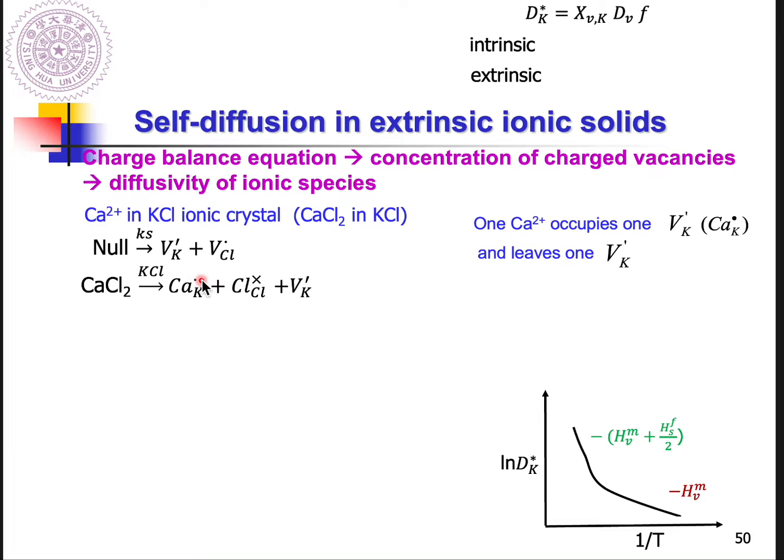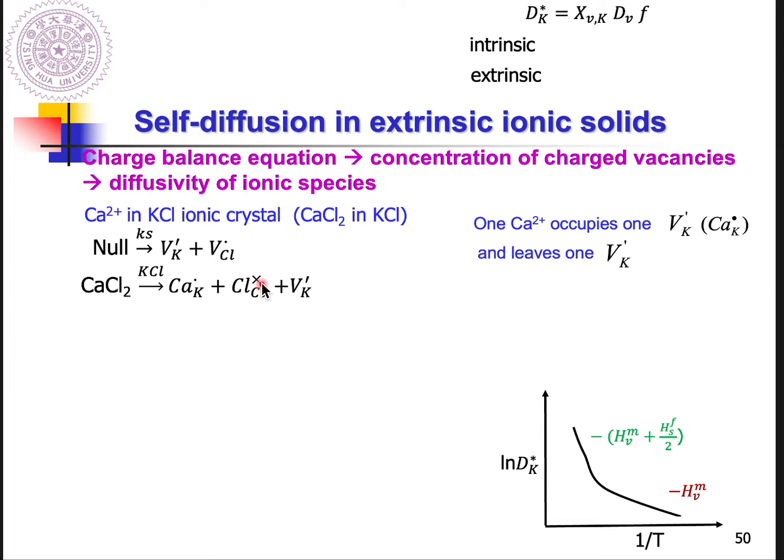Summing it up, there should be 1 positive charge at this potassium site. And we got 2 chlorides in the meantime, each occupying a chloride site, so with neutral charge.